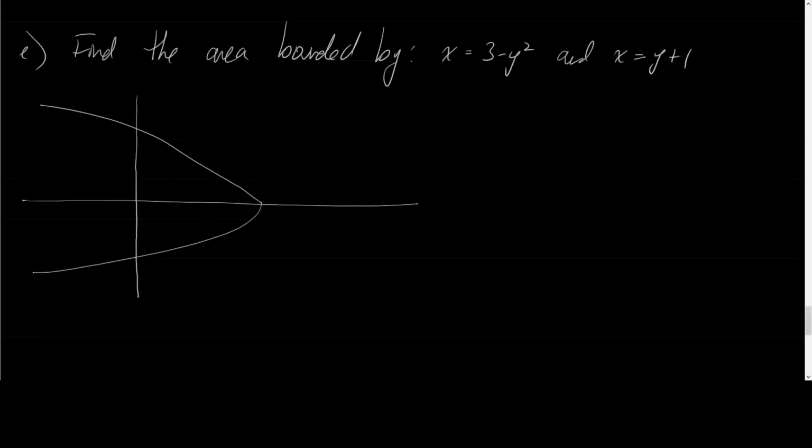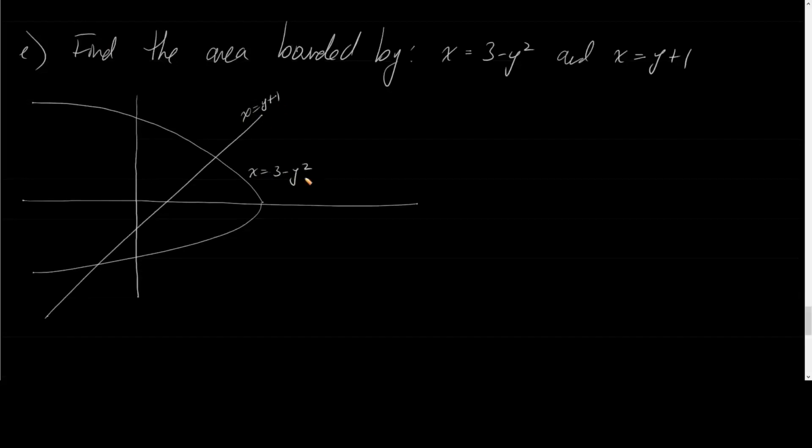It is a sideways facing parabola. The next one, x equals y plus 1. That looks like this. It is this line. This is x equals y plus 1, and this is x equals 3 minus y squared. All right.